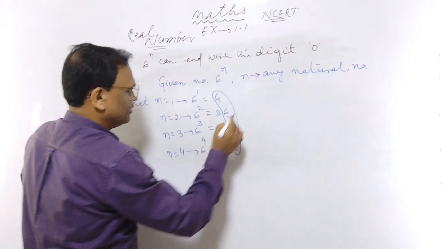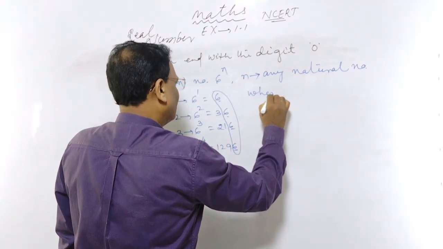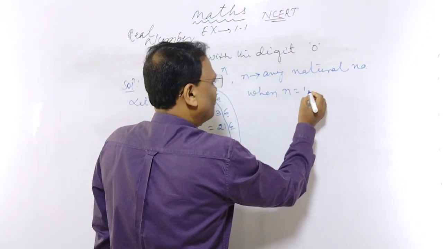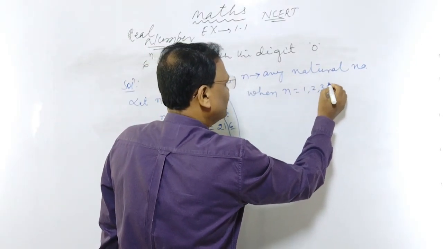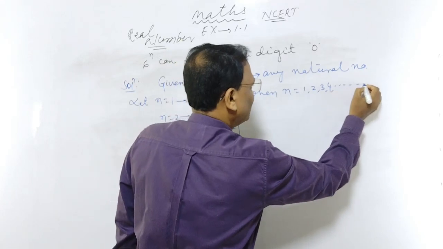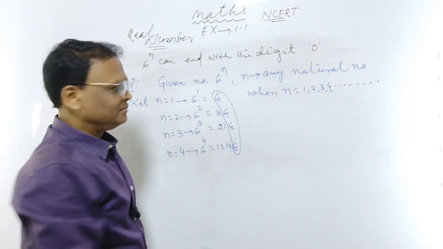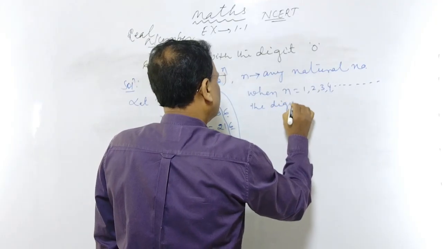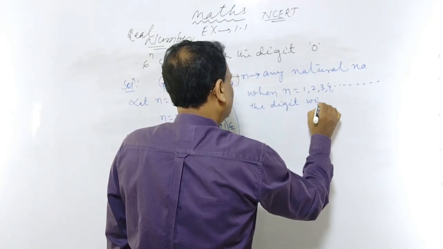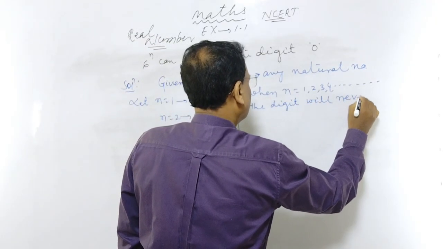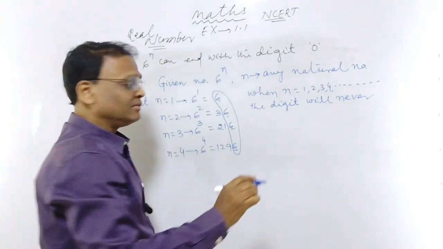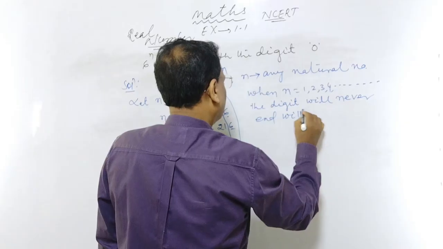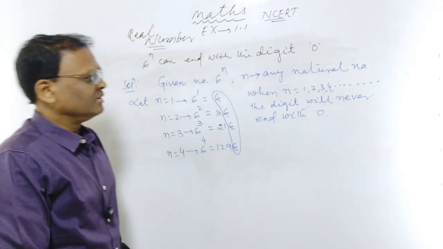If you take any n value, 1, 2, 3, 4, 5, the number will never end with 0. Clearly proved.